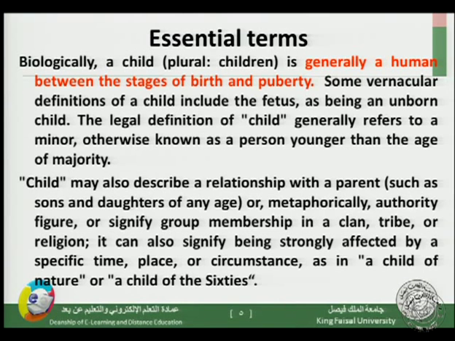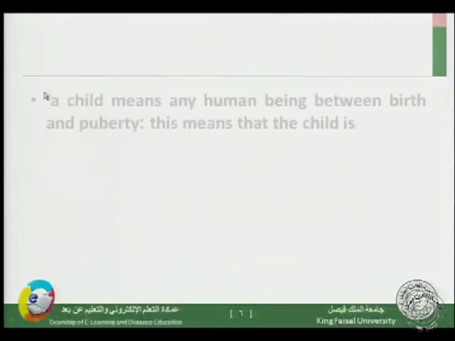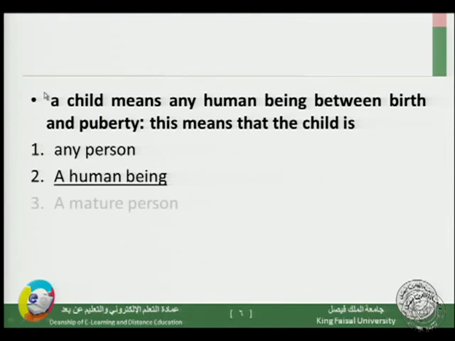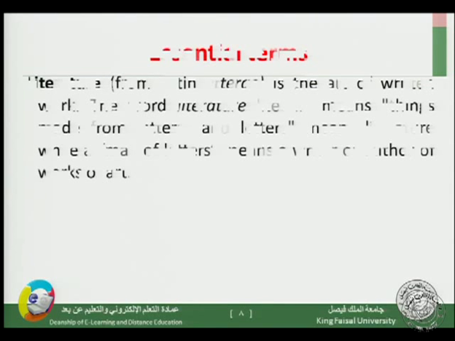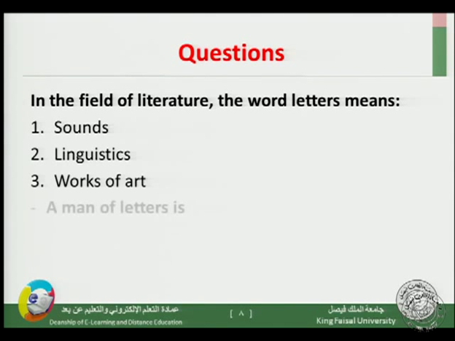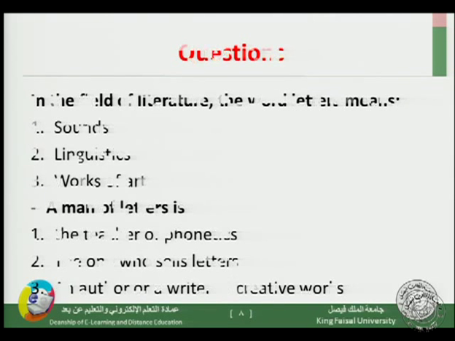Remember, the child is a human being, but a human being between such and such. And literature comes from Latin, remember. Letters means kinds of literature, different kinds of literature. A man of letters is an author.